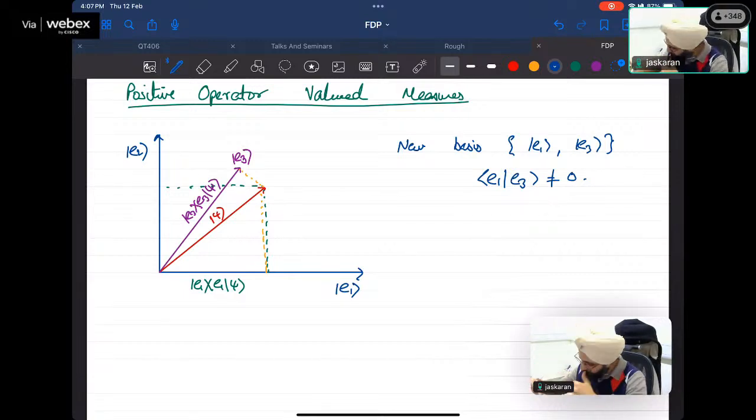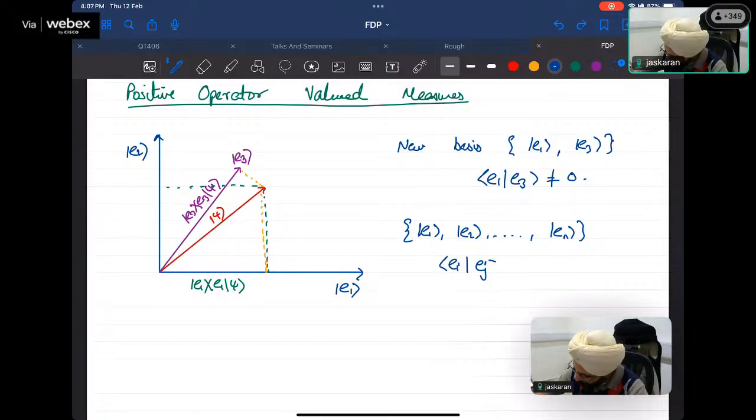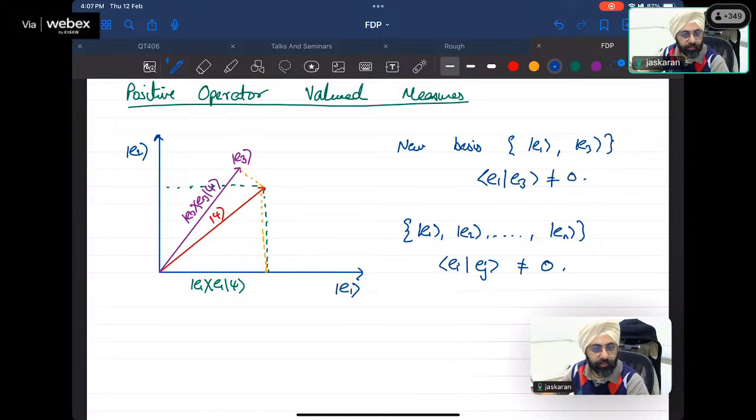In general, we have a basis ket E1, ket E2, up to, let's say, ket En, chosen in such a way that the inner product between ket Ei and ket Ej is in general not equal to 0. Some of them may be orthogonal to each other, but in general they are not orthogonal. How do we implement such a measurement?